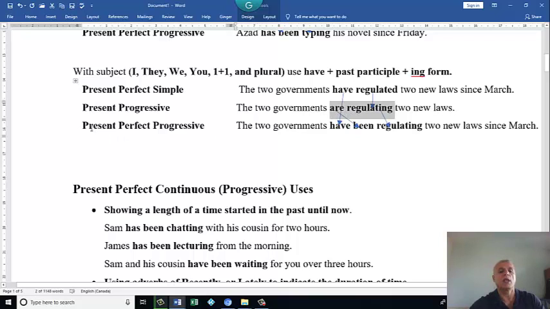It's going to be the same meaning. When we make a present perfect progressive, we say the two governments have been regulating two new laws since March. Have, just bring it down, then are, we change it to be, then we want to make the past participle of be, which is been, regulating, we just break it down.